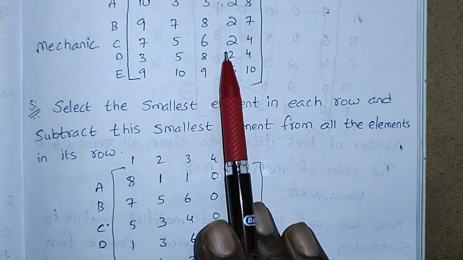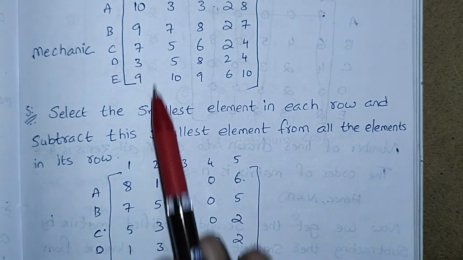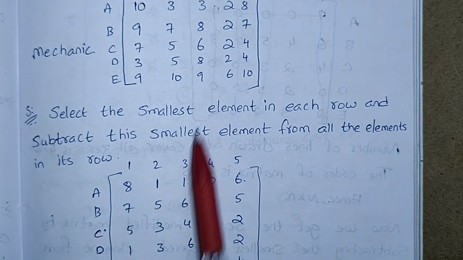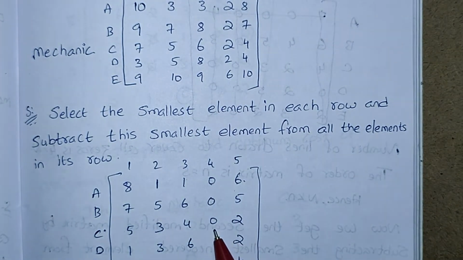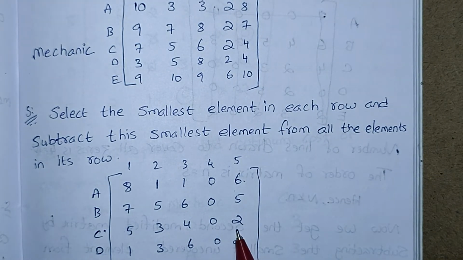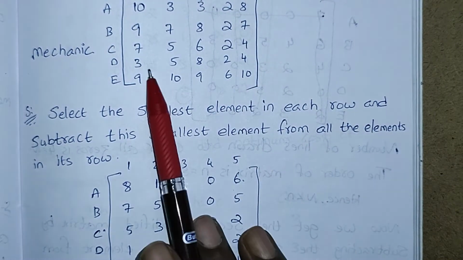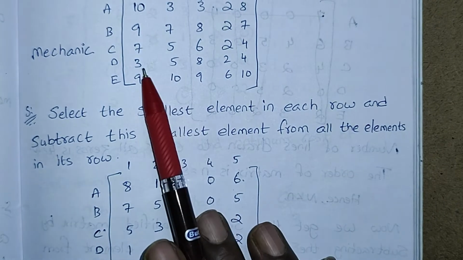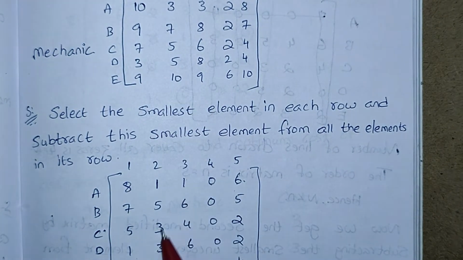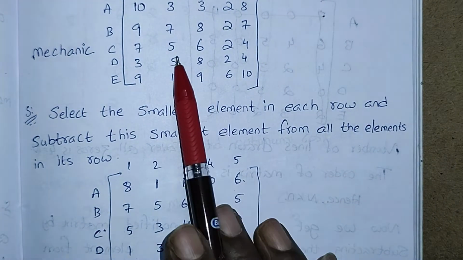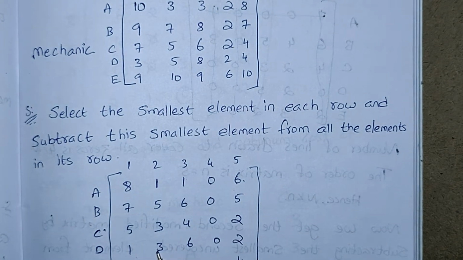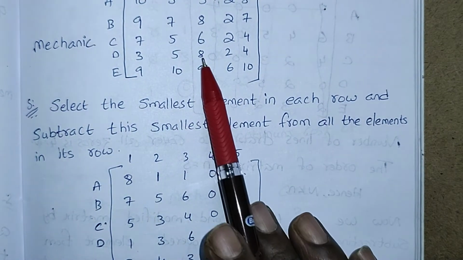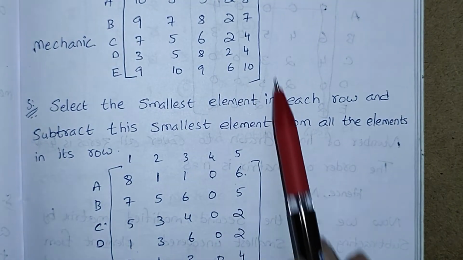Third row, again 2 is the smallest: 7 minus 2 is 5, 5 minus 2 is 3, 6 minus 2 is 4, 2 minus 2 is 0, 4 minus 2 is 2. Fourth row, again 2 is the smallest: 3 minus 2 is 1, 5 minus 2 is 3, 5 minus 2 is 3, 8 minus 2 is 6, 2 minus 2 is 0, 4 minus 2 is 2.